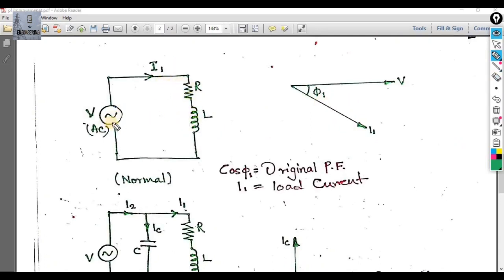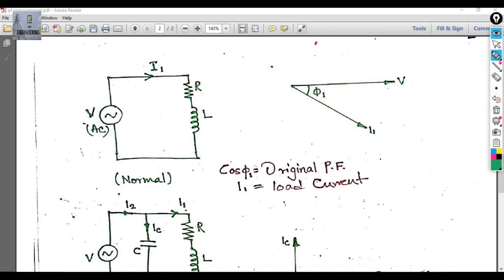Here is an AC source of voltage V, and the load is taking I1 current, which is the load current. Here is the graphical representation of this system, where V is the voltage, and as this is an inductive type circuit, the current I is lagging the voltage by phi angle.